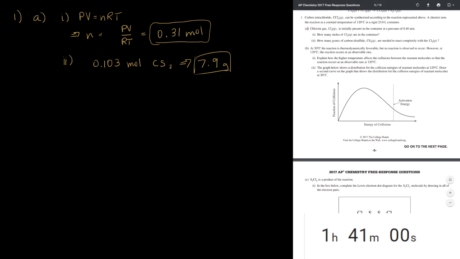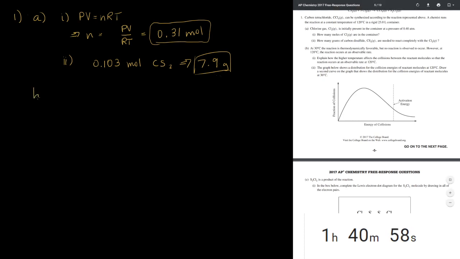This is going to correspond to 7.9 grams, because I have 2 sig figs again, and my calculator read 7.8659, but I'm just going to round that to 7.9. Bam. Okay, that's that.